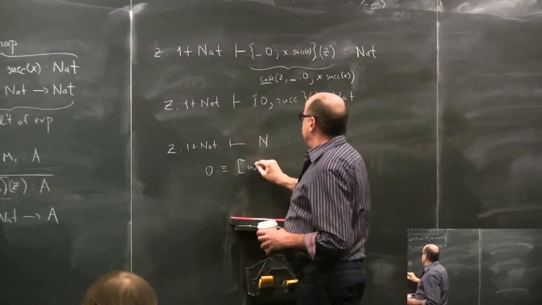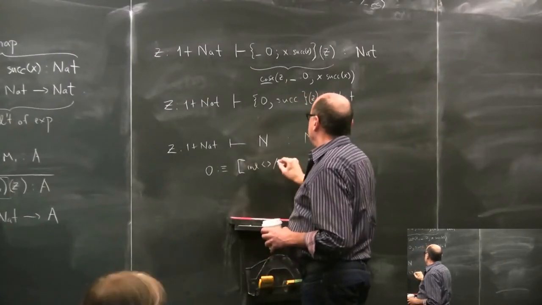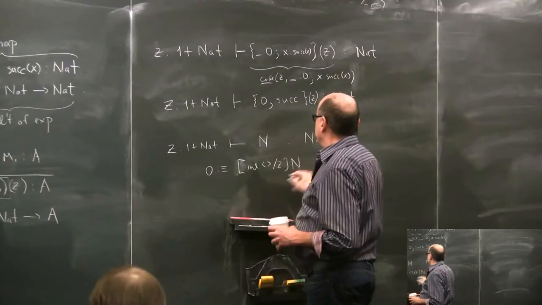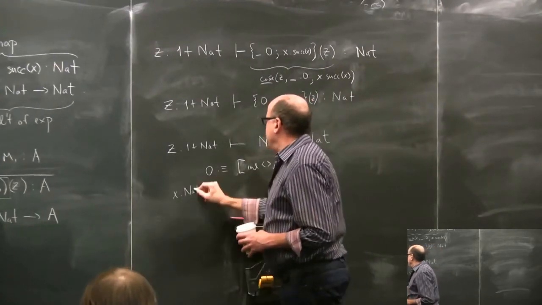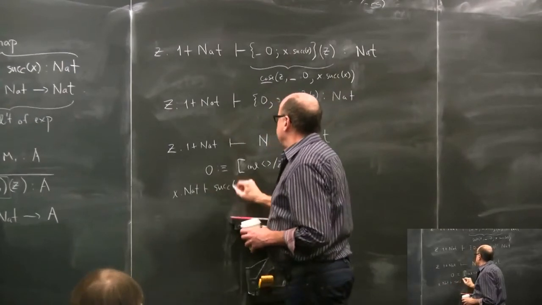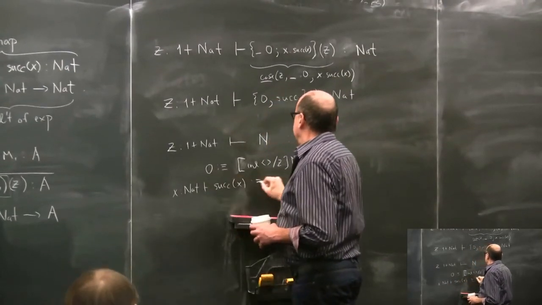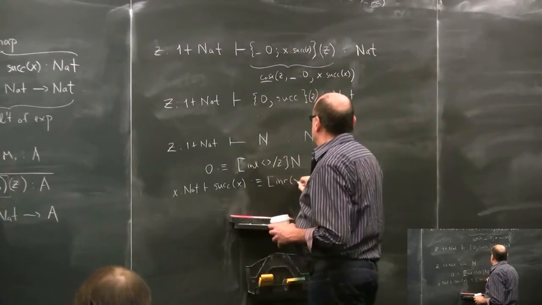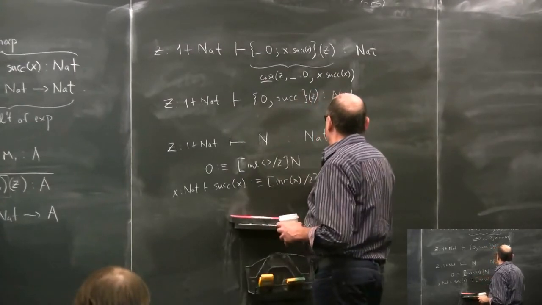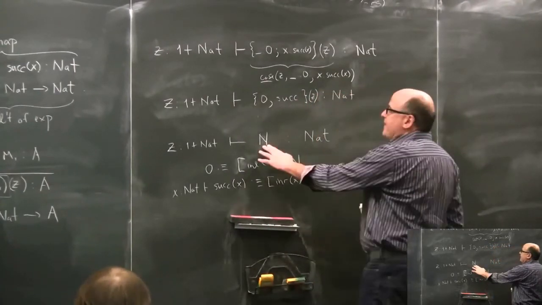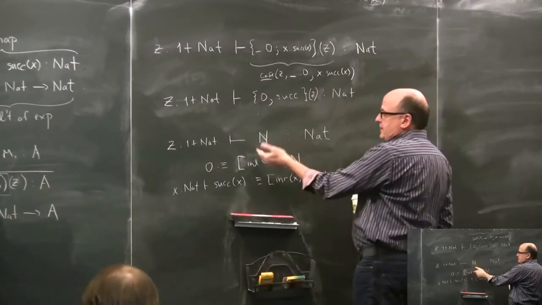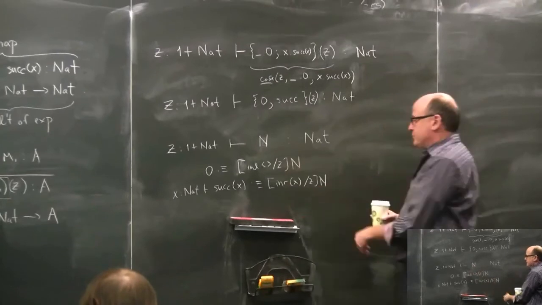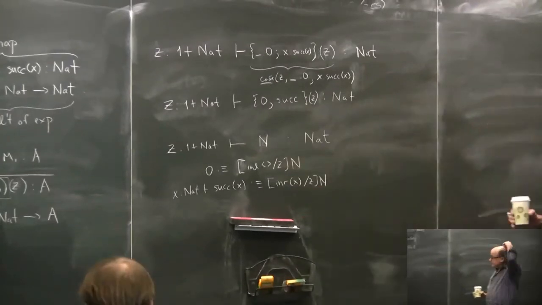So N is in left of the null tuple for Z in N, and given X in Nat, the successor of X is by definition in right of X for Z in N. In other words, if you give me any map like this, then that's the way I'm going to regard it as giving me 0 and successor, in this manner. Okay? So that's a way of doing it.